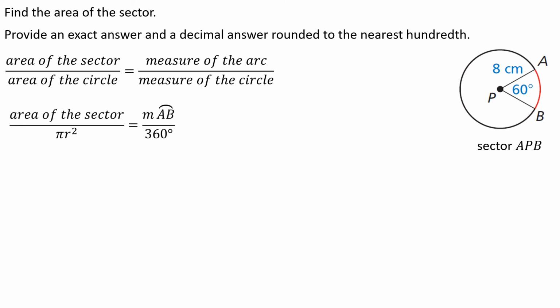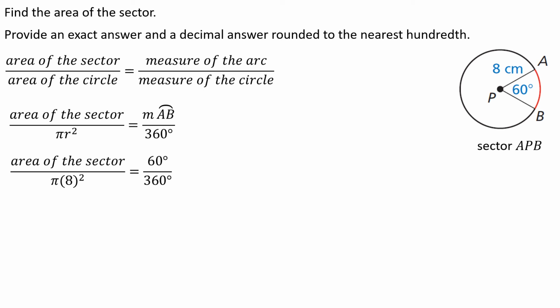Area of the sector, got no clue. Area of the circle, well, that's going to be pi r squared. Measure of the arc, well, that'll be the measure of arc AB. But the measure of the entire circle, that's 360 degrees. So for pi r squared, I can make that pi times 8 squared for this question.